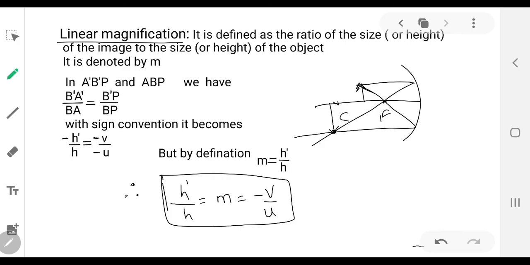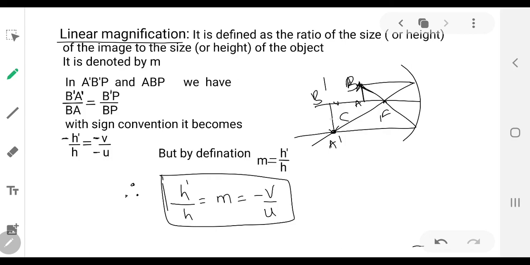A dash B dash by AB is equal to B dash P upon BP. A dash B dash is the height of the image. With the sign convention we are substituting. So here is AB, A dash B dash.